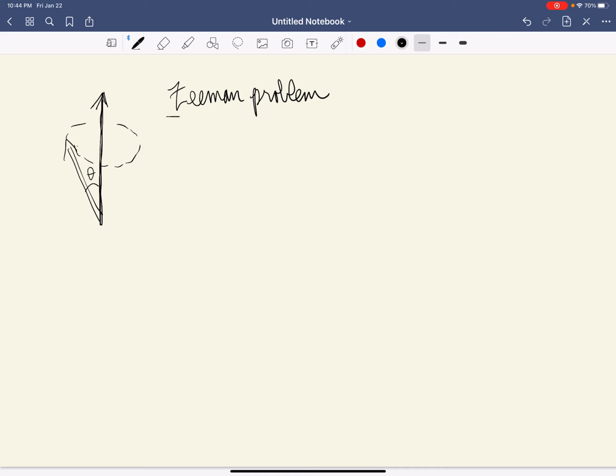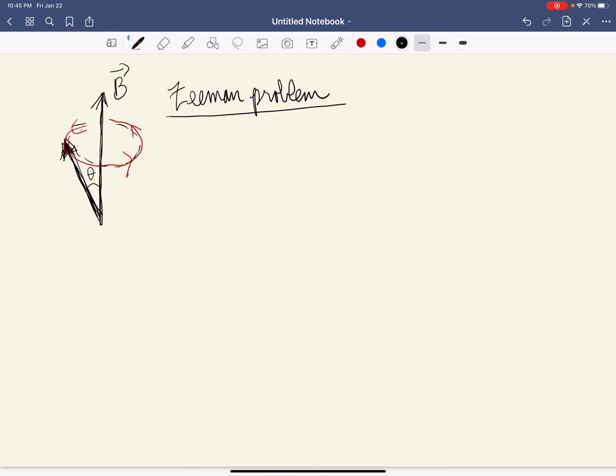And what the Zeeman problem tells us is that with the applied magnetic field pointing in a certain direction, and an initial spin which is pointing at some angle from the magnetic field, the initial spin will execute a precessional motion around the magnetic field as the rotation axis.